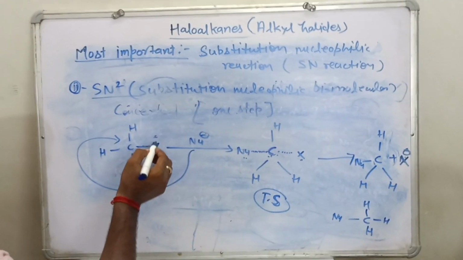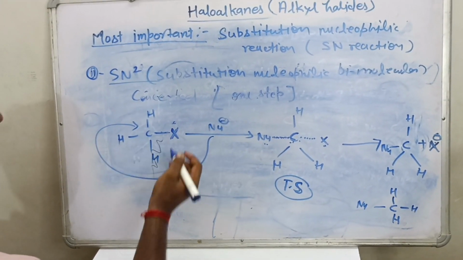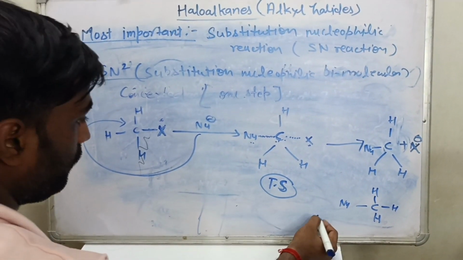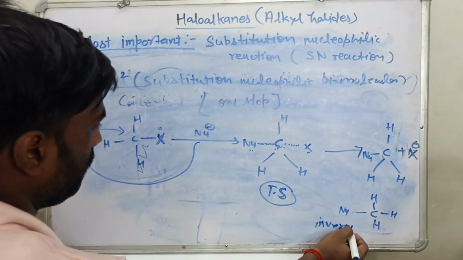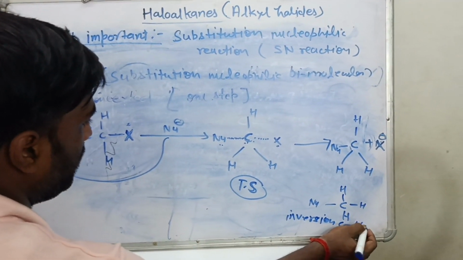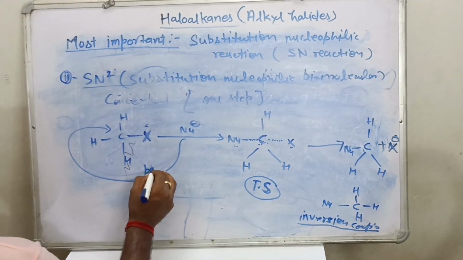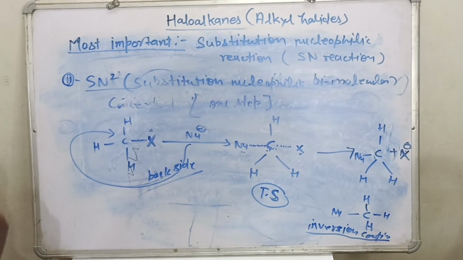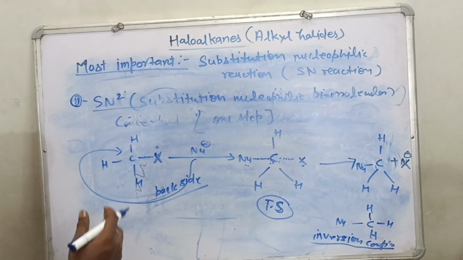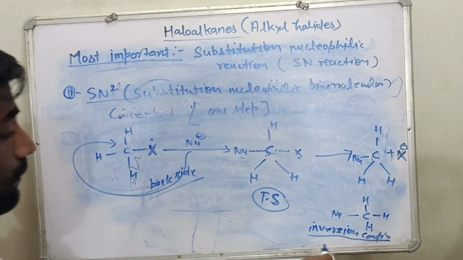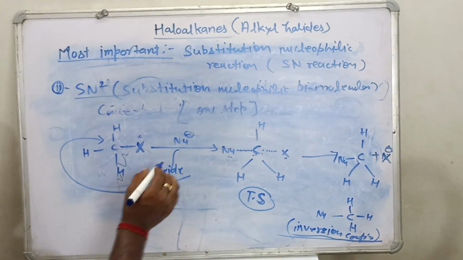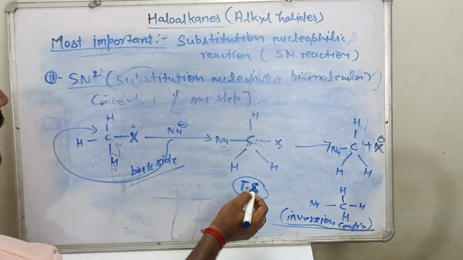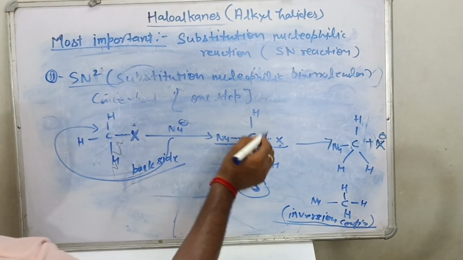As we can say, the halogen atom is attached from the front side, but the nucleophile after the reaction is observed on the back side. So it is well known as inversion of configuration, because I already explained that back side attack leads to inversion of configuration. In comparison, the SN2 mechanism will give only the inverted product, due to back side attack, and it is mainly a one-step concerted mechanism in which a transition state takes place, in which the carbon atom is attached to the nucleophile as well as the halogen atom.